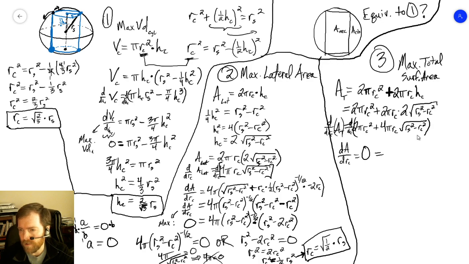And again, we're going to take the derivative of all this stuff with respect to rc. So we take the derivative, power comes down, makes it 4 pi rc, plus, this is going to be, again, a product rule. So 4 pi rc, we take the derivative, and the rest of it we leave alone. So 4 pi square root rs squared minus rc squared.